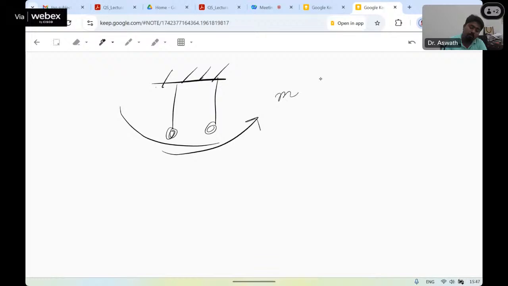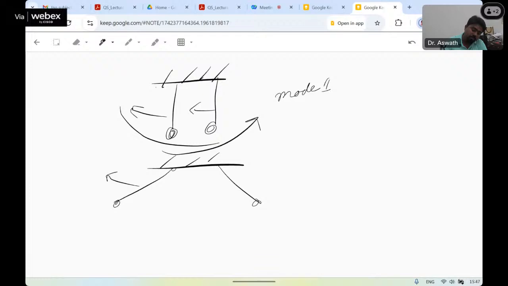Let's say that is one method or mode of oscillation. In the other case, one goes to the left, the other goes to the right. That is mode 2.